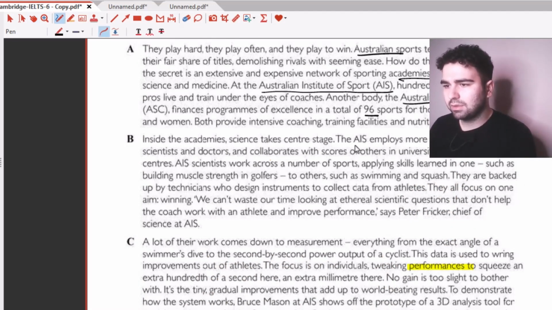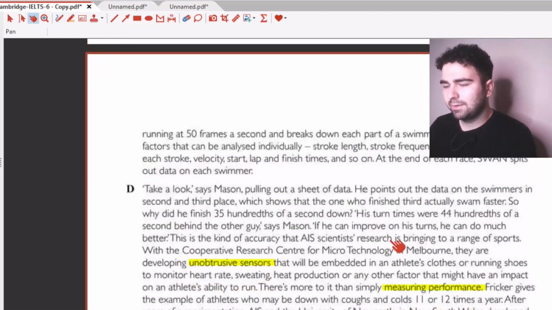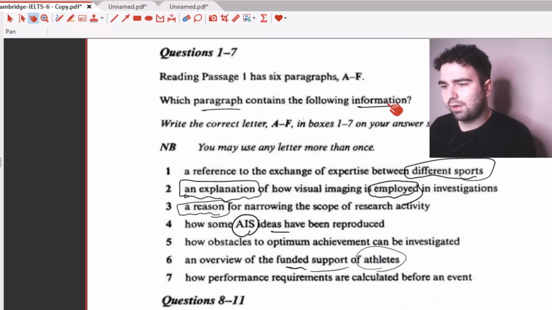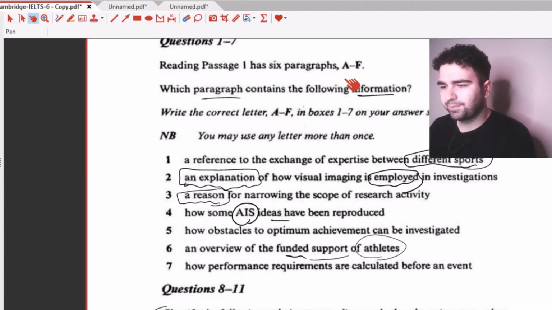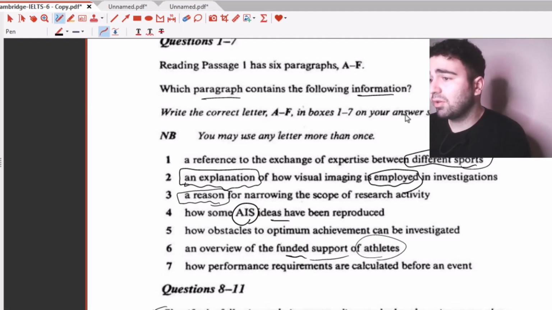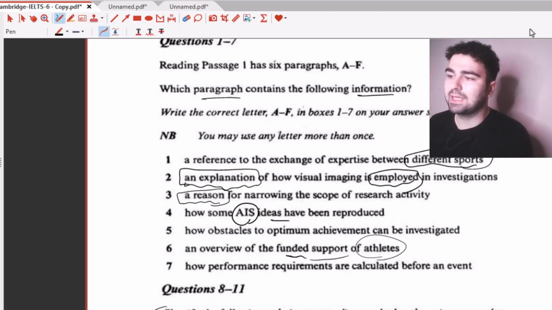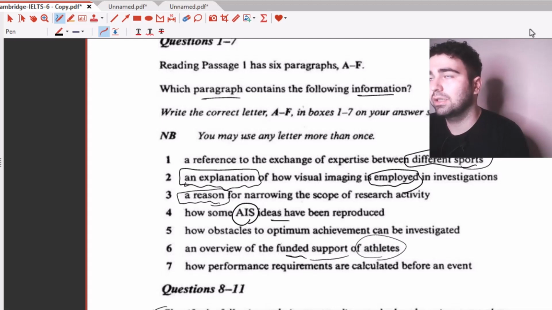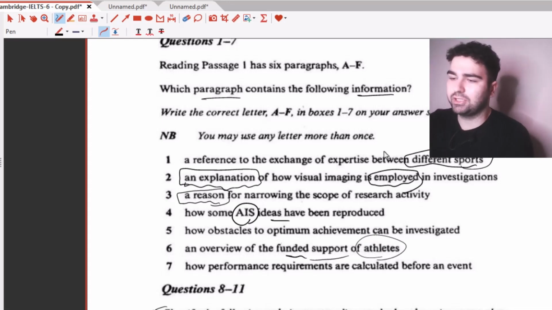Academia, science and stage, AIS employs more than 100 sports scientists and so on. Look, I saw AIS in my question. I am looking for this as well as any of the connectors, contradicting devices, and names and numbers. So I have added this to my package.